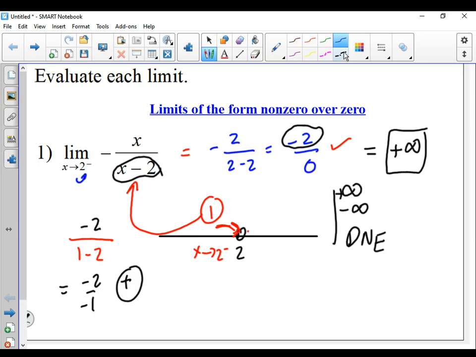In this example, we rule out does not exist because this is a one-sided limit, approaching 2 from the left. So it's either positive infinity or negative infinity. To determine which, we pick the test value of 1, plug it in the denominator, and find the answer to be positive, so we know the answer is positive infinity.